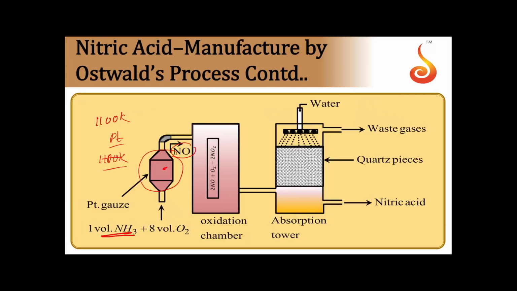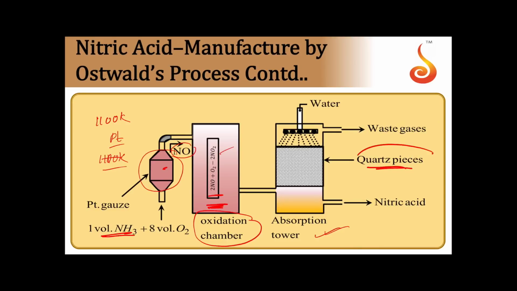The gases from the catalytic converter are cooled and then mixed with air in a large empty chamber, which is called the oxidation chamber. Here, NO gets oxidized further to nitrogen dioxide. The gases are then introduced into the absorption tower, which contains quartz pieces or stones.